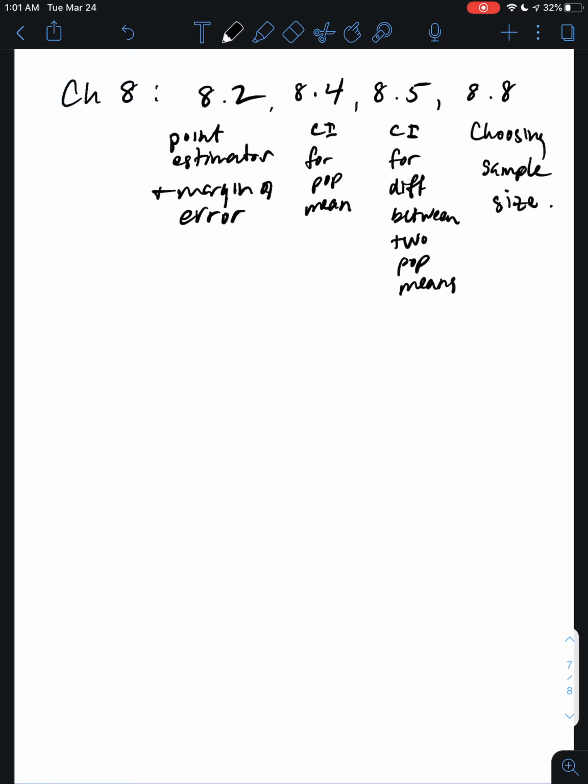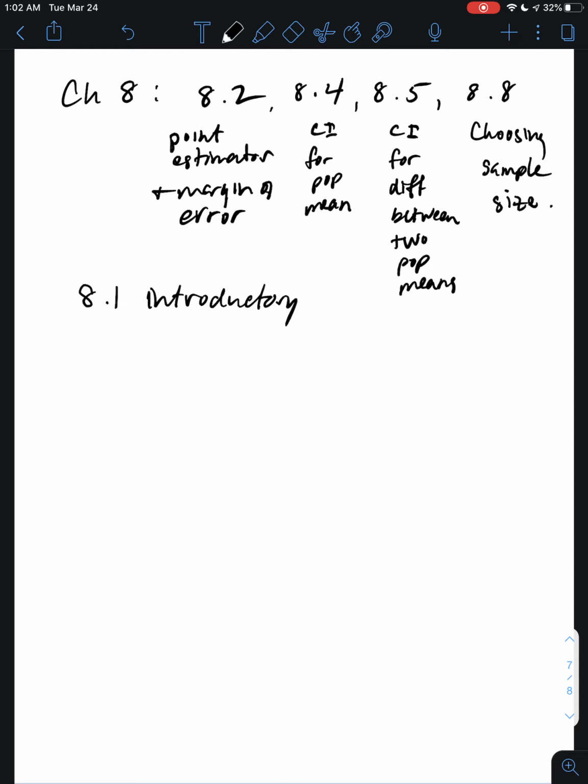Okay, so 8.1 is just introductory material. There aren't any calculations in 8.1. 8.3 is point estimation.